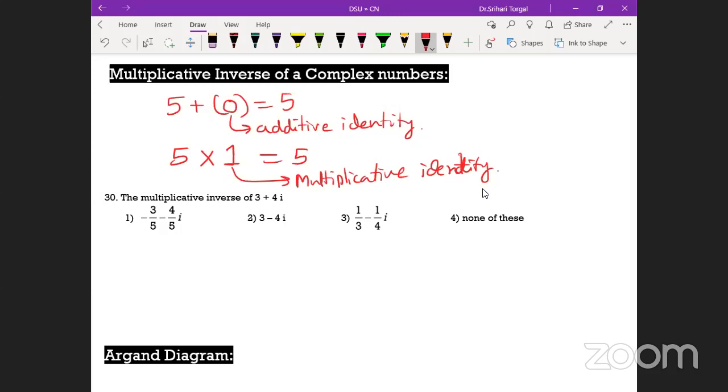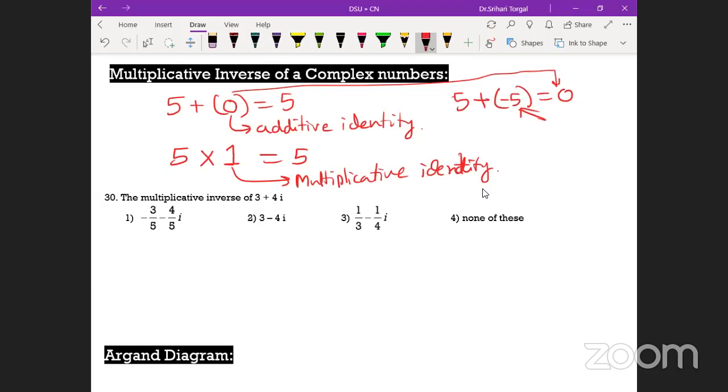Okay. Now we are interested in additive inverse. What is the meaning of additive inverse? I have to write additive identity here to get the inverse. Now tell me how much I have to add to this 5 to get 0. That is minus 5.